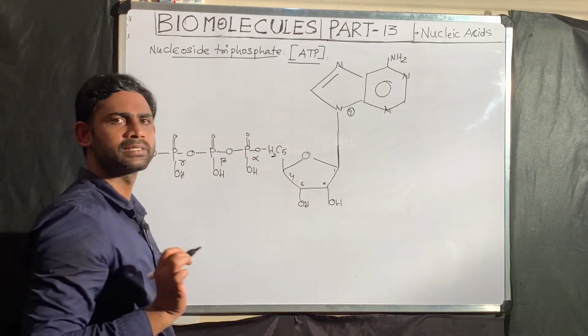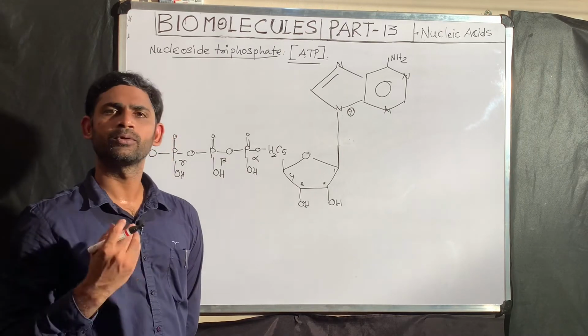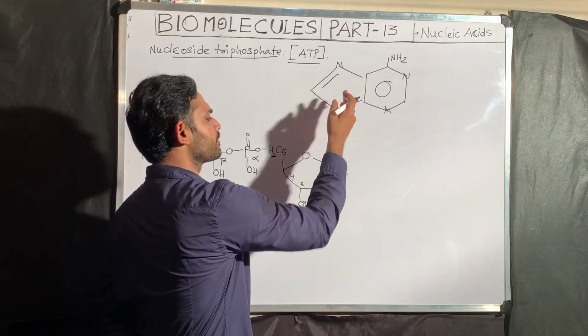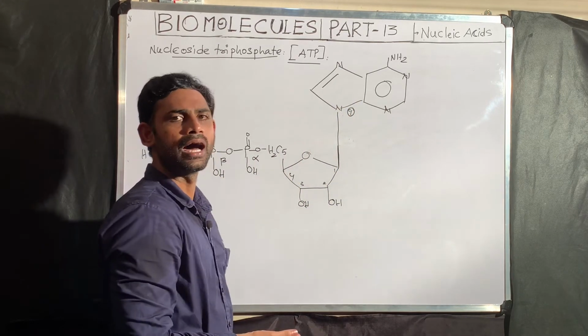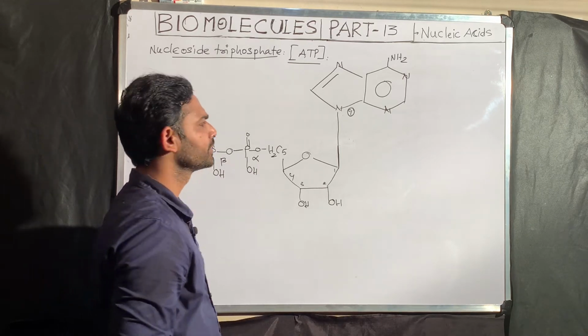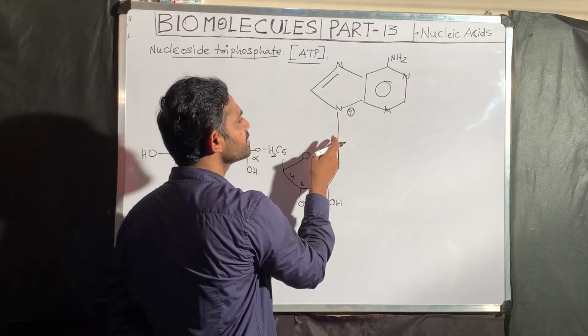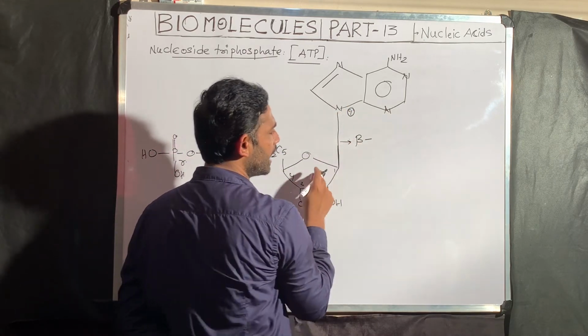After writing adenosine triphosphate, now I am going to explain the bonds. This is a nitrogen base, this is a sugar. Whatever the sugar, whether it is ribose in the case of RNA or 2' deoxyribose in the case of DNA, the bond linking the nitrogen base with the sugar is in the beta anomeric form.